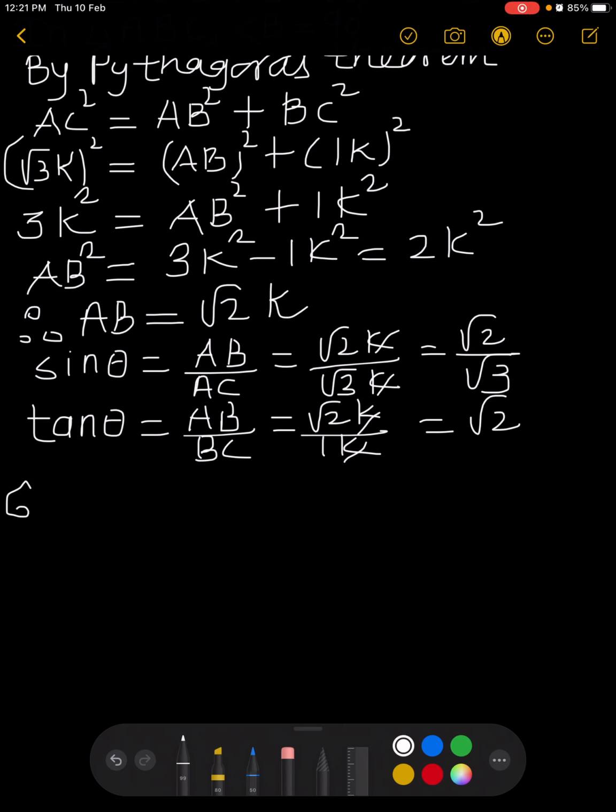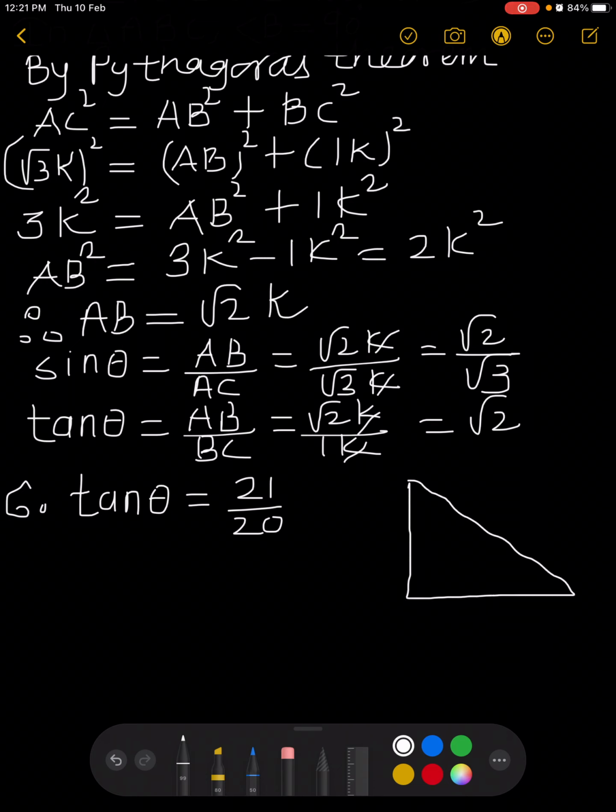Now you have example number 6, where tan theta in the table is given as 21 upon 20. A right angle triangle is always needed when you want to obtain the ratio by Pythagoras theorem.